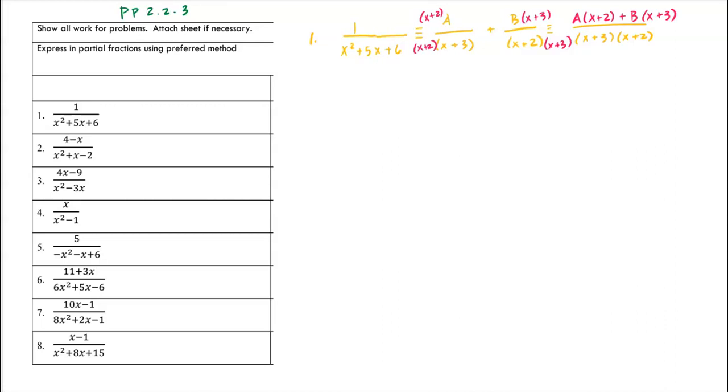Now we can set that whole numerator equal to each other, or more specifically, this right here equal to 1. So that's A times x plus 2 plus B times x plus 3 equal to 1.